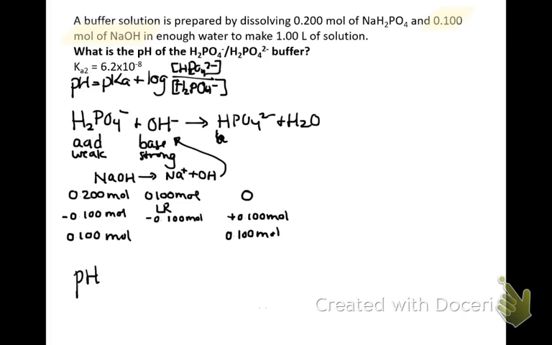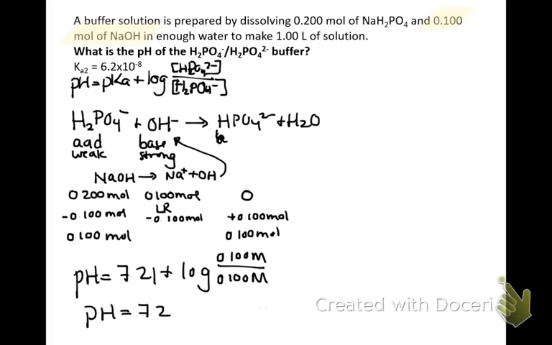So if we go back to pH equals pKa, which is 7.21, plus the log of HPO4 2 minus at 0.1 molar over H2PO4 minus at 0.1 molar, the pH here will equal 7.21. So there are 2 different ways that we can calculate the pH of a buffer solution.